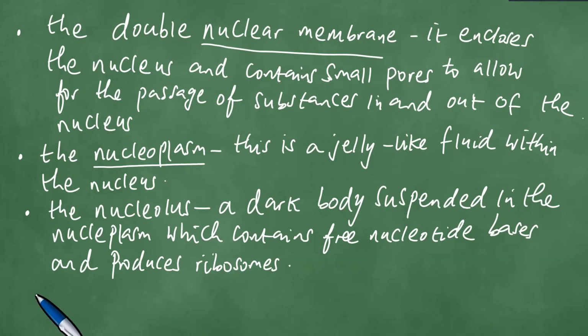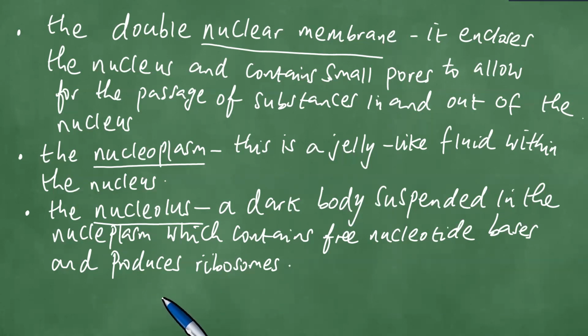Okay. Now, we mentioned three of them. Up to now, we mentioned what we call the nucleolus. What is a nucleolus? It's a dark body suspended in the nucleoplasm, which contains free nucleotide bases and produces ribosomes.